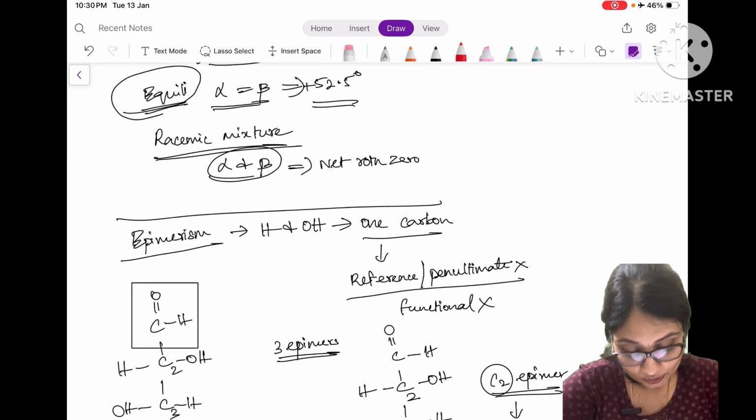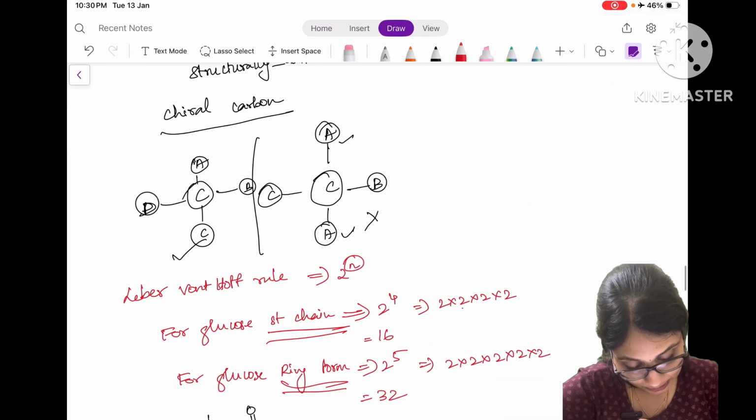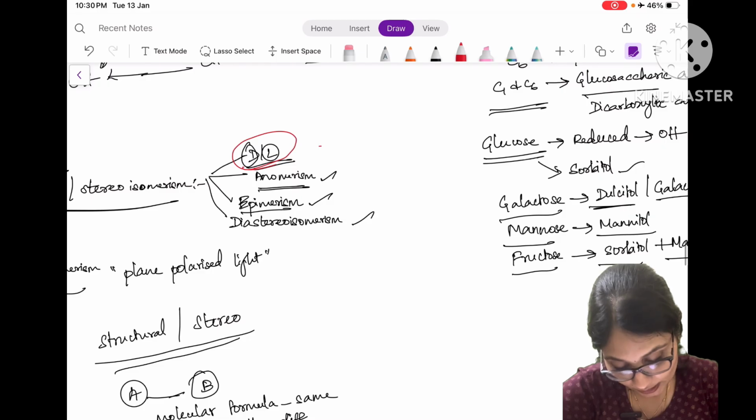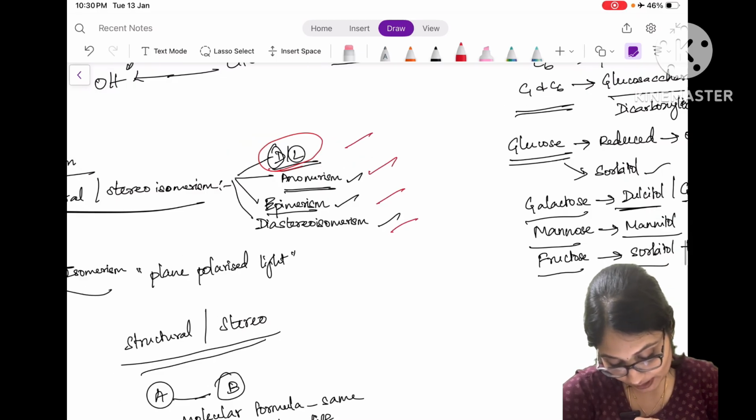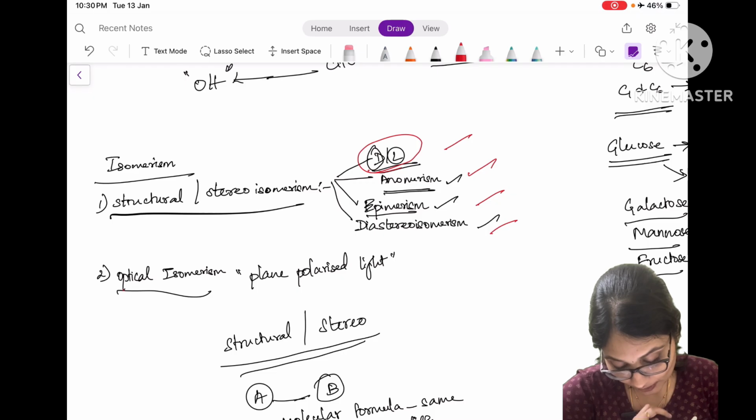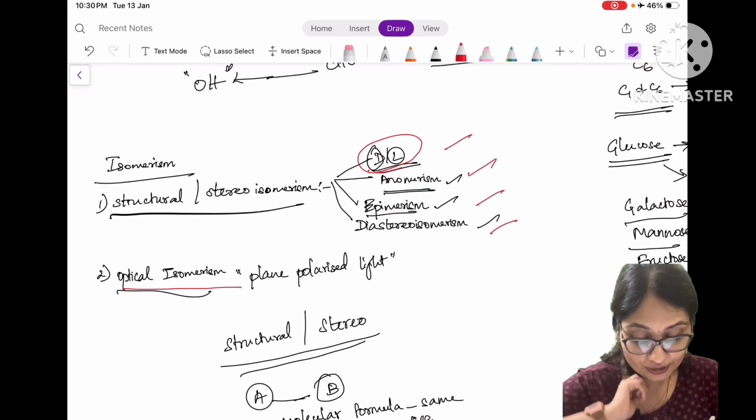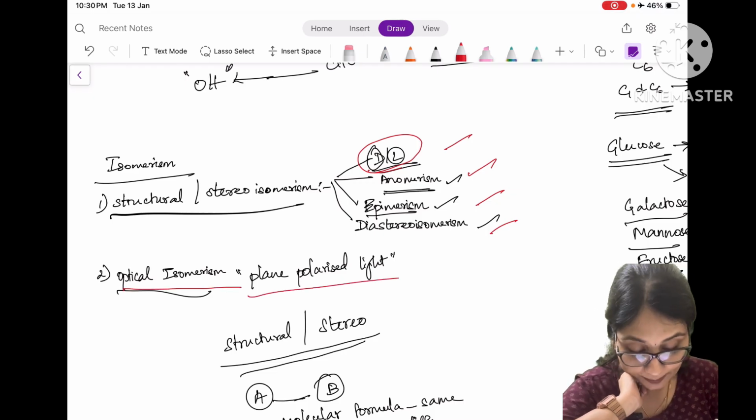Fine. So now we are done with D and L isomerism, we are done with anomerism, we are done with epimerism and diastereoisomerism. The last but not least, we have optical isomerism. I told you already, it is the ability to rotate plane polarized light.